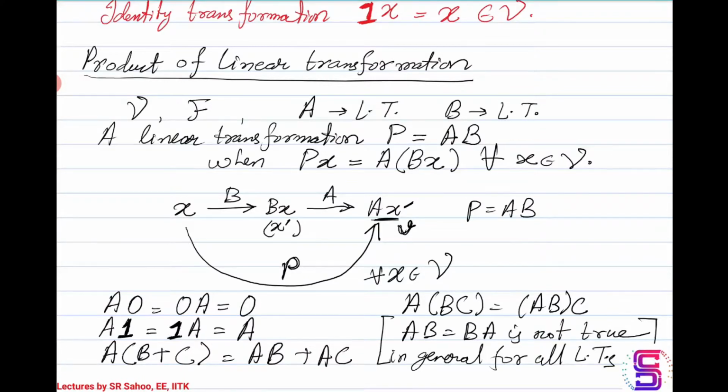Basically, the product operation is not commutative.